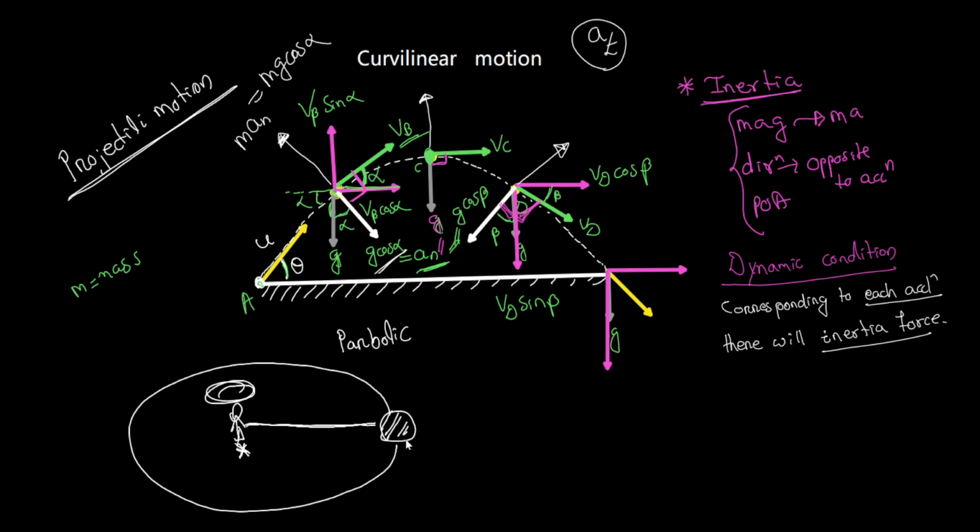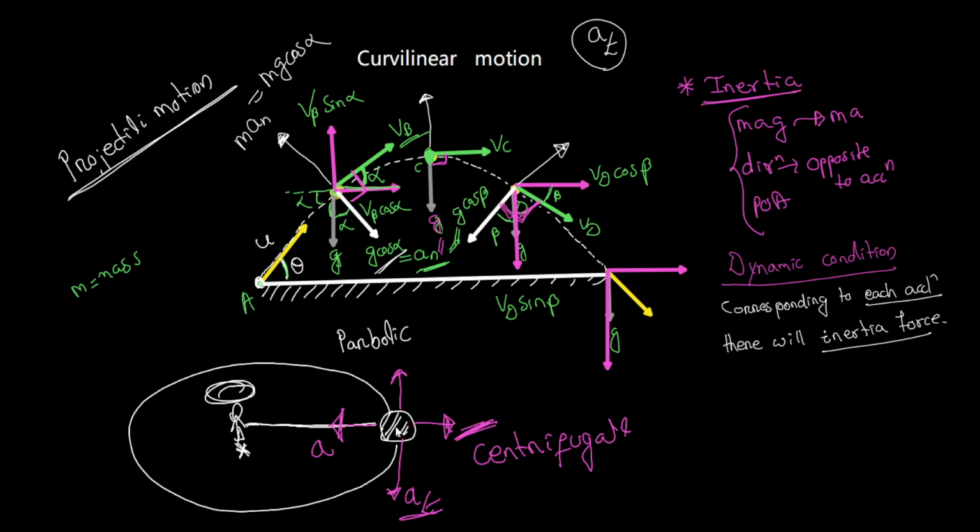Since this one is in curvilinear motion, there will be two types of acceleration acting. The first one will be towards the center, that will be the normal acceleration. The other one will be the tangential acceleration. Corresponding to tangential acceleration there will be an inertia force, here will also be an inertia force. This inertia force is nothing but centrifugal force, which is responsible for making the motion in a circular path.